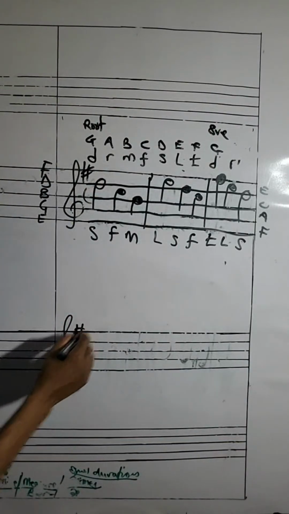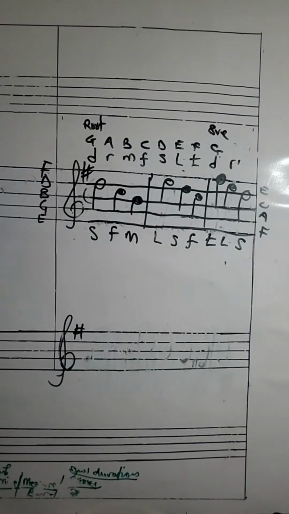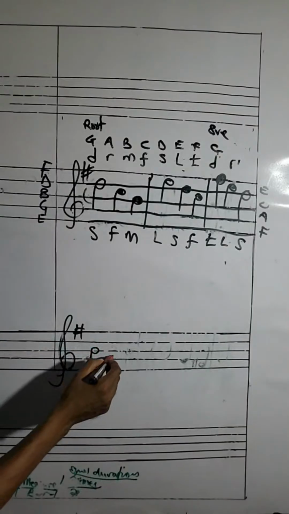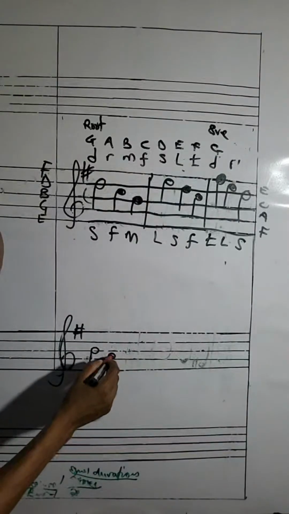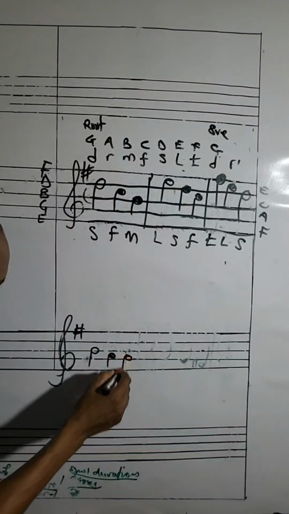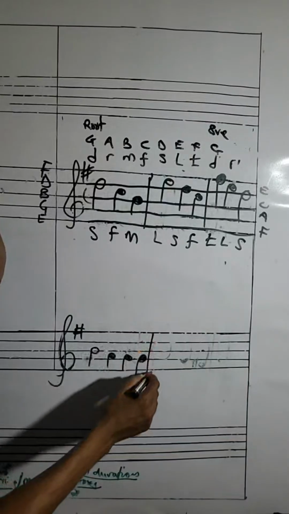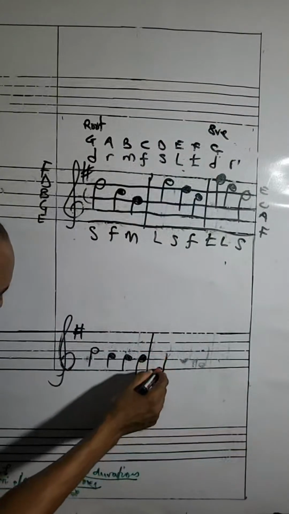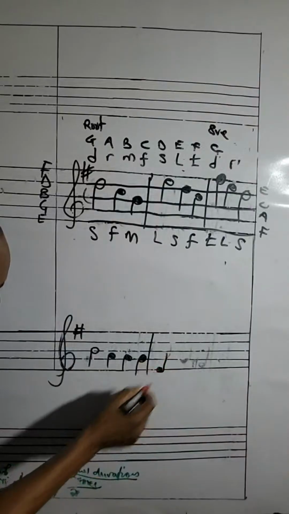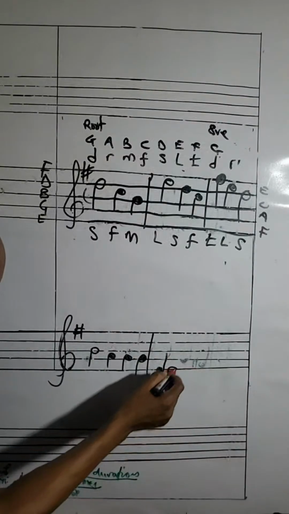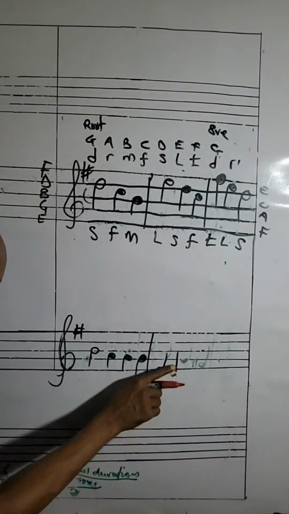So I'm going to write the G signature here, and I'll write my B, A, G, G. Then I have my E. Let me make the E two counts.